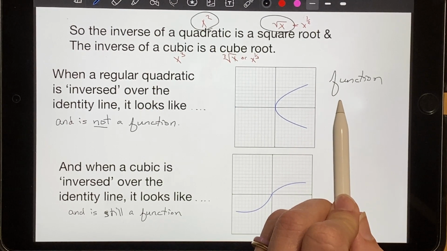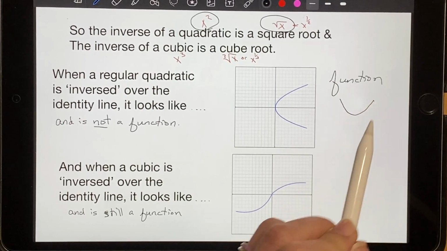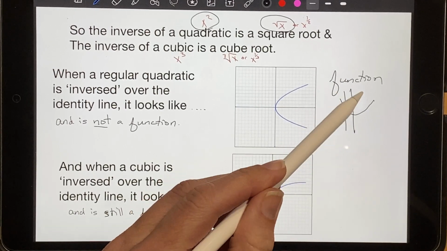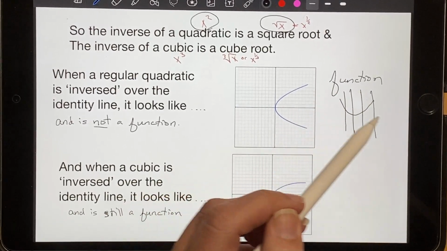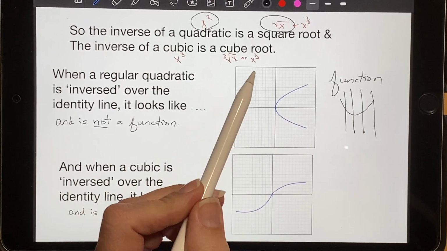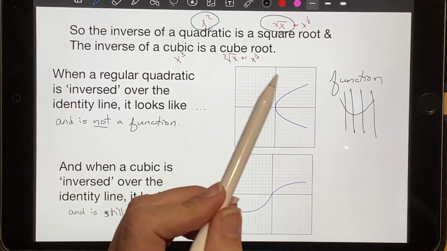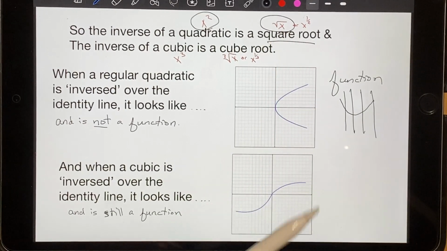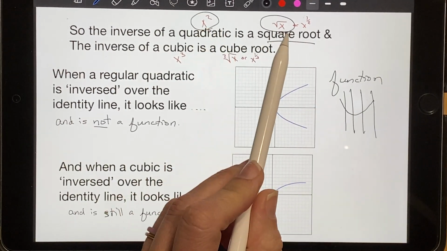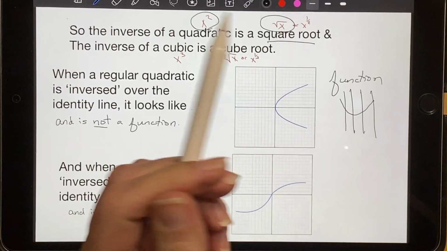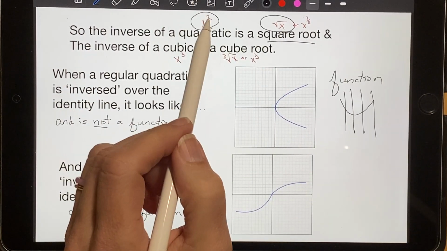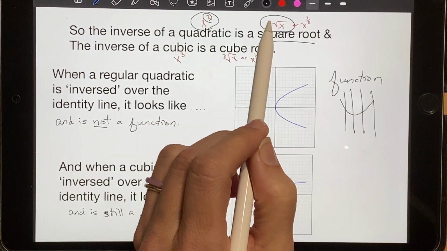When we have a function, it means it has to pass that vertical line test. So parabolas are functions because they pass that vertical line test. We can cross it anywhere. However, when we do the inverse of them and they become square roots, because that's the opposite. Remember, multiplication has division, addition has subtraction, exponents have roots.